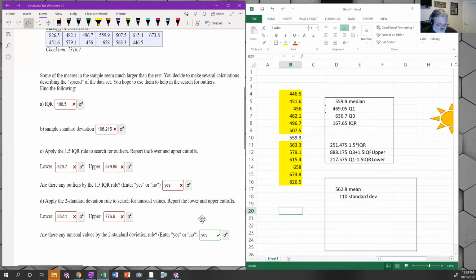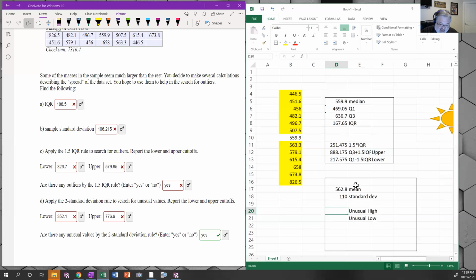So this question was kind of being helpful. If we wanted that, again, I'm going to label these unusual high and unusual low. Unusually high is going to be adding 2 standard deviations. Unusually low is going to be subtracting 2 standard deviations.